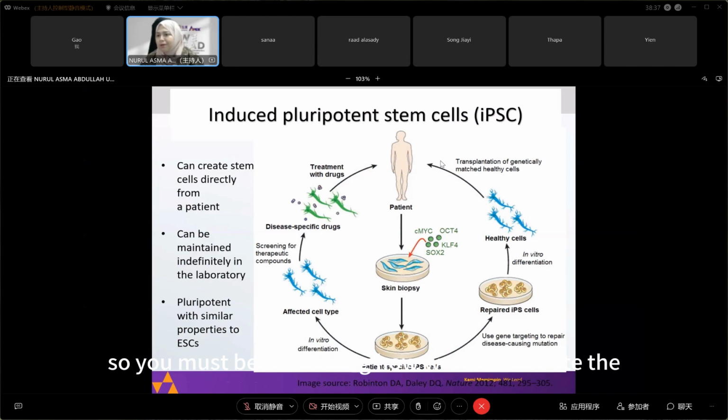So you must be wondering how we differentiate the somatic cells and the stem cells. When we have cells in our body, we have many different types of cells. Even when you isolate one tissue, for example from bone surgery, it's not only bone cells that you isolate.